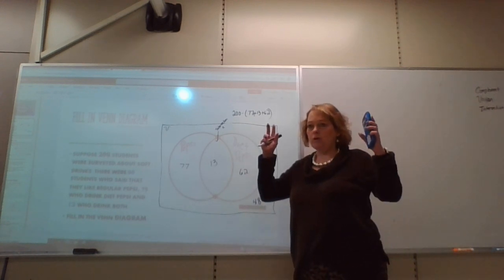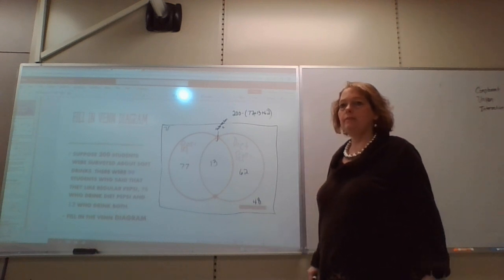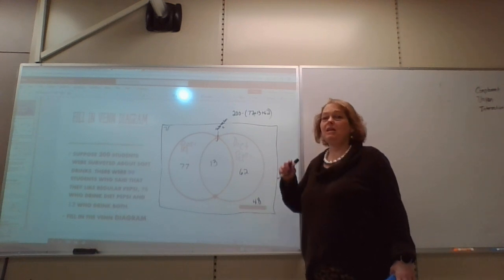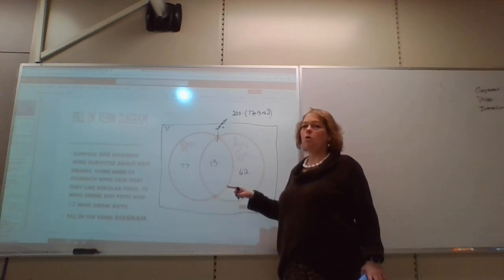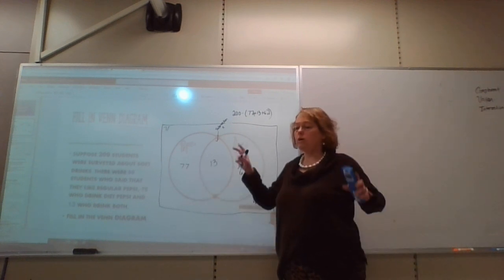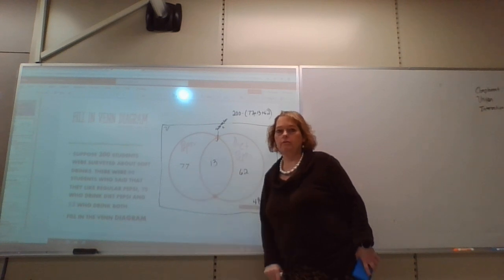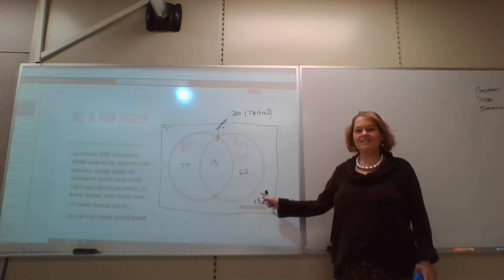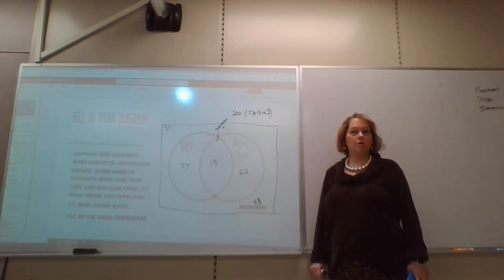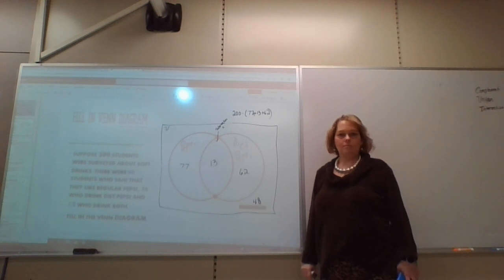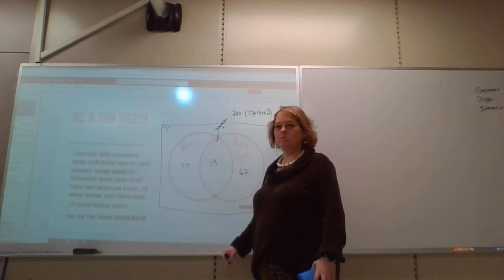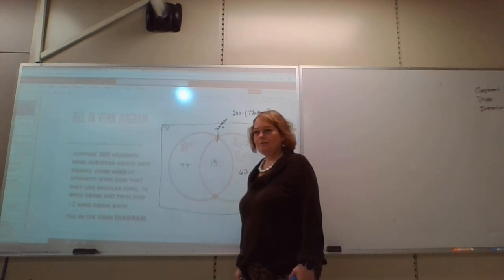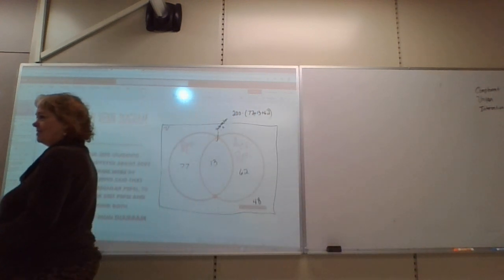You have to watch how it's worded. If it just says how many like Pepsi, then you add these two together. But if it says only Pepsi, you put 77. Does that make sense? You have to watch how it's worded. Because then you'll be like, but Miss Jackson said I was just supposed to put 77. Ugh, I'm so frustrated. Yes, I do have that problem.